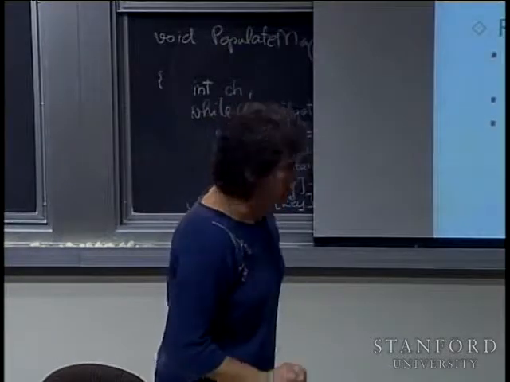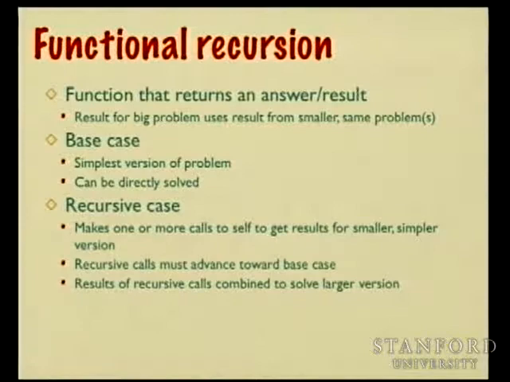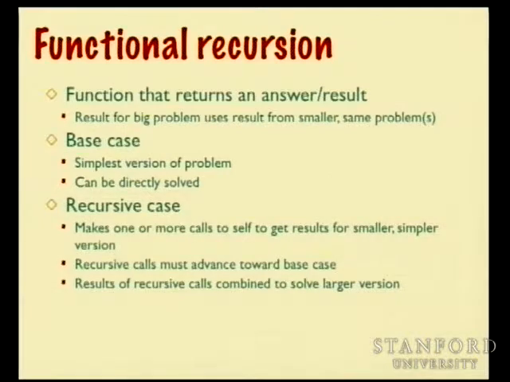I am going to tell you a little bit about how the code looks, and then I'm not going to be able to show you much code today. I think it's actually even better to show you this code on Monday when we can come back fresh. But we're looking at functional recursion first. Functional recursion is taking some sort of function that takes some input and returns an answer, returns a non-void thing that comes back.